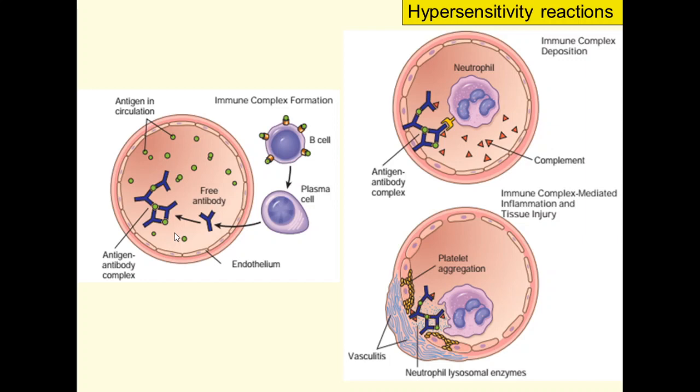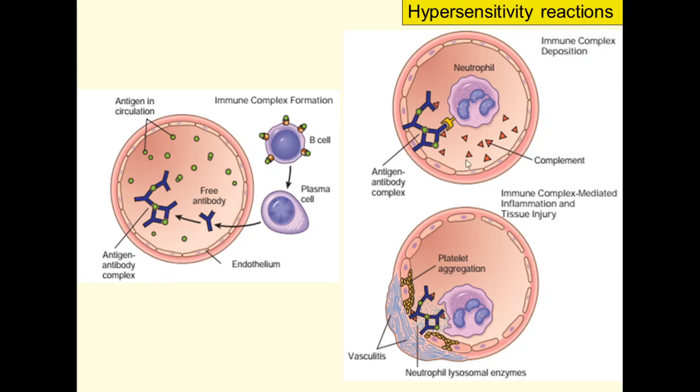This antibody binds with the same antigen that was presented to B cell. So this antigen-antibody complex fixes on the surface of the intima.